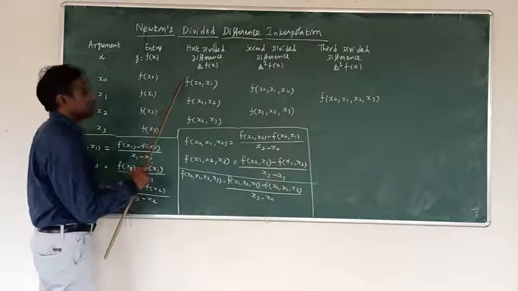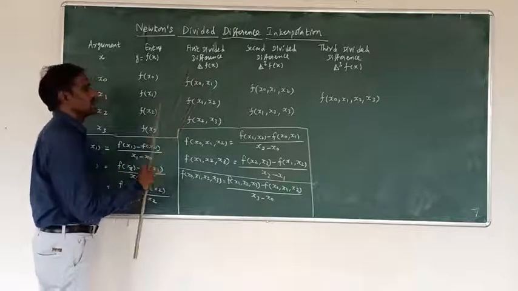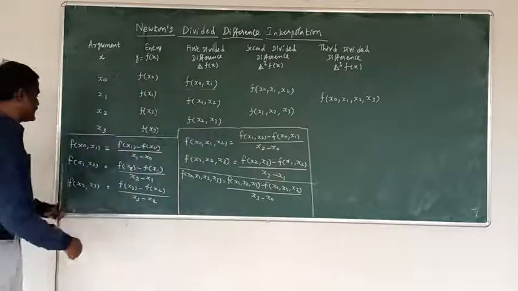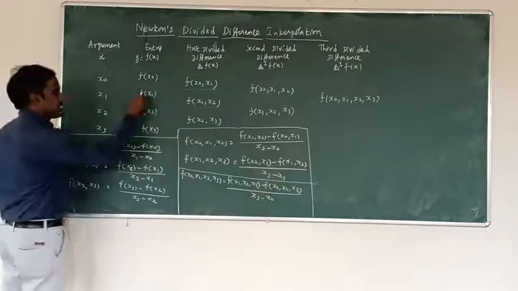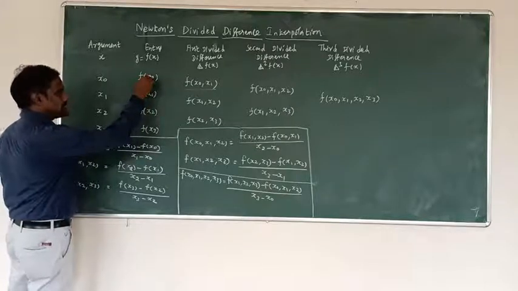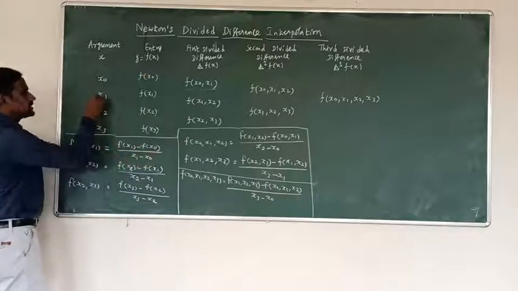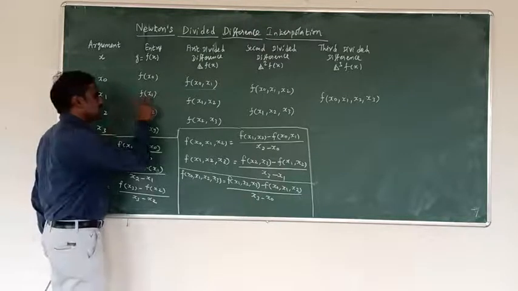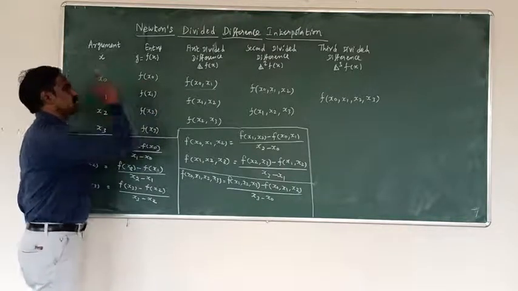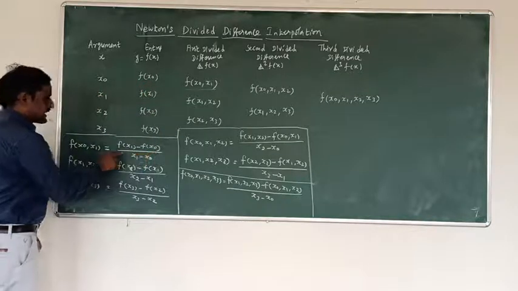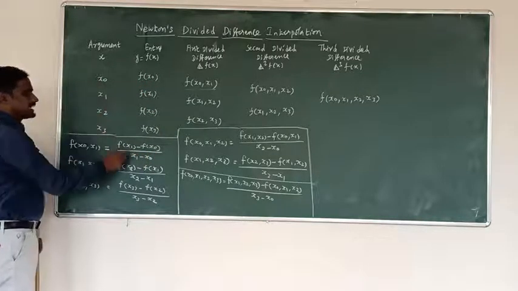Now to find out the first divided difference. The formula for f of x naught comma x1: f of x1 minus f of x naught divided by x1 minus x naught.